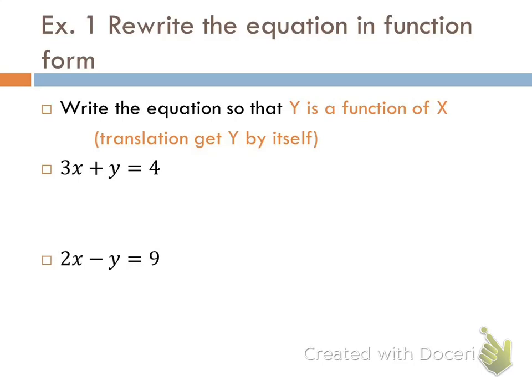So when it says write the equation so that y is a function of x, that just means get y by itself. So we want our answer to say y equals blah, blah, blah, whatever it may equal. Now, obviously, when we're working with more than one variable, we are not going to be able to say y equals 5 or y equals 7 because I don't know that.